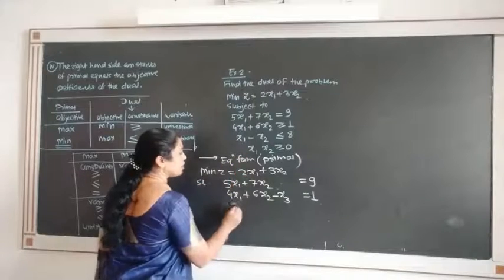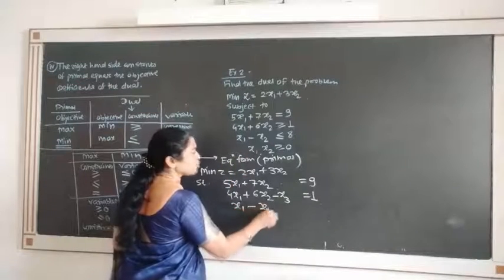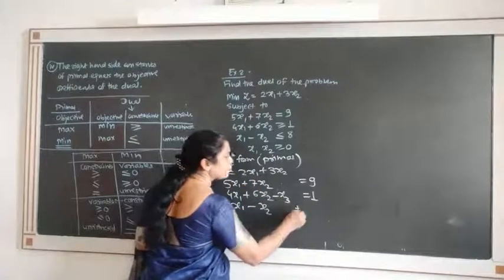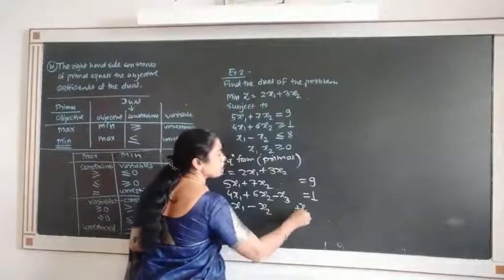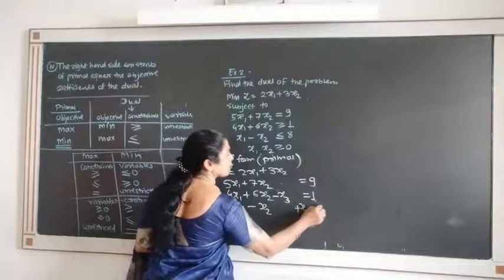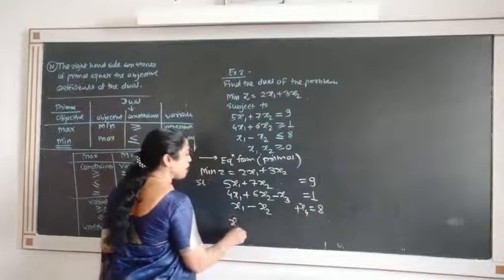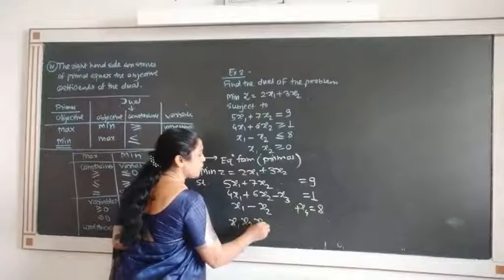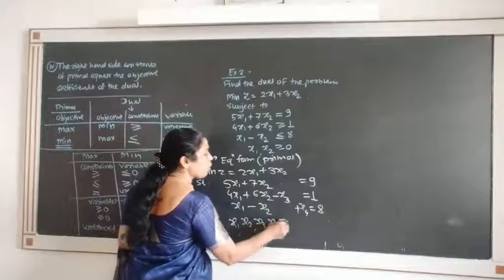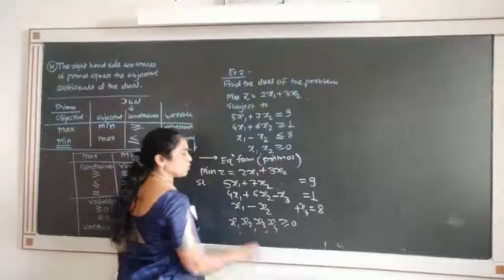And here it is x1 minus x2, because it is less than or equal to we have to add slack variable x4 equal to 8. And all the variables x1, x2, x3, x4 are greater than or equal to 0.